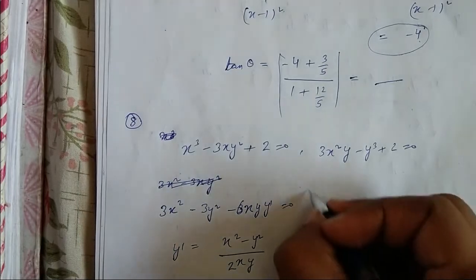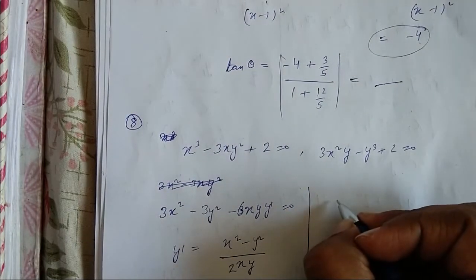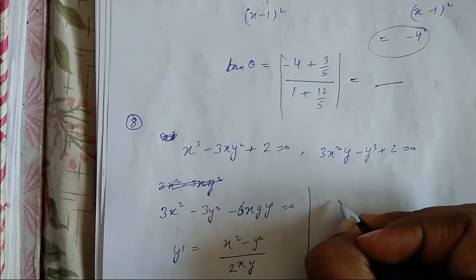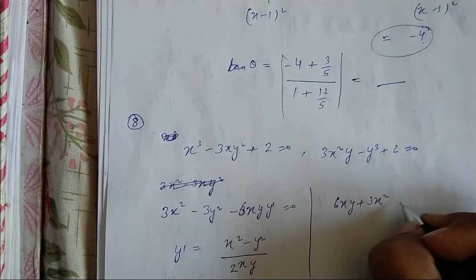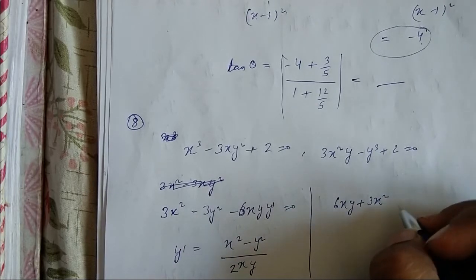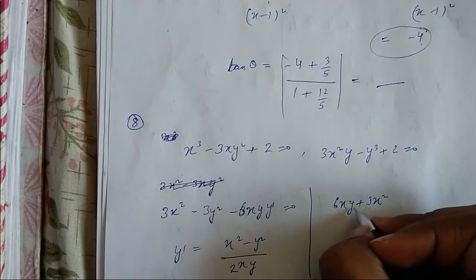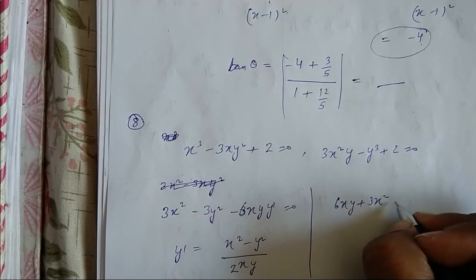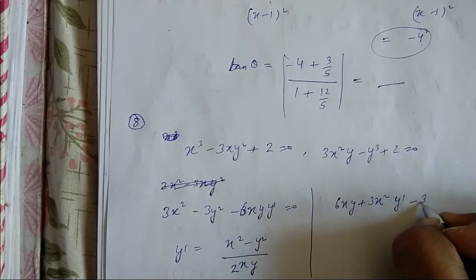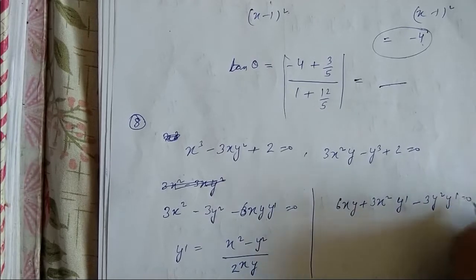And y dash from the other curve we can calculate as 6xy plus 3x square y dash minus 3y square y dash equal to 0.